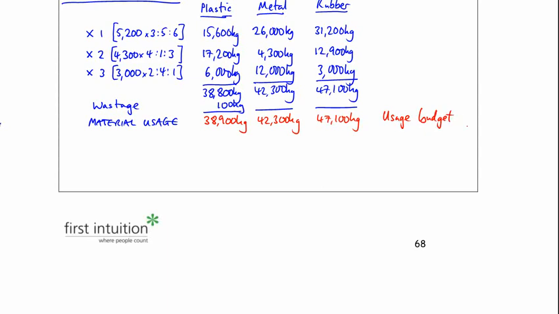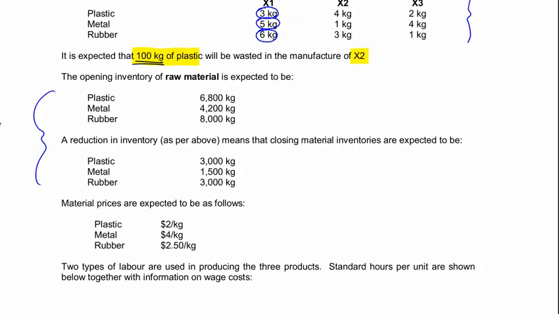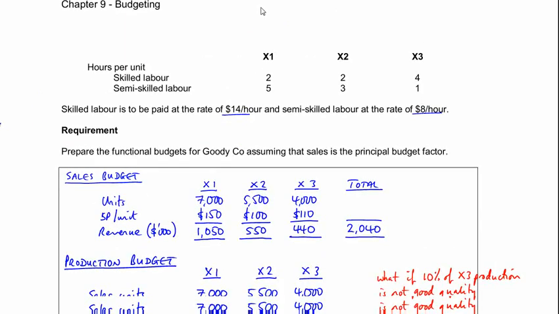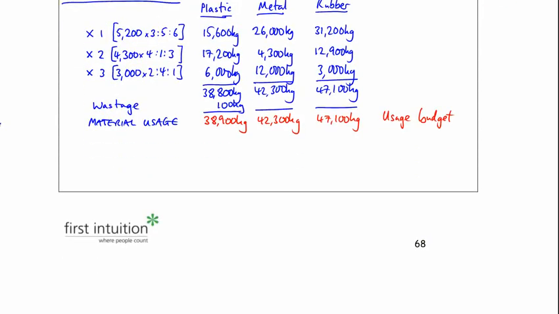But that's not where the budgets to do with materials finish, because we need to also know how much material we need to go out and buy. Because in the question we're told about opening and closing inventory of raw material. So we know we start the period with 6,800 kilograms of plastic, and we only want to end it with 3,000 kilograms of plastic. So we do a similar sort of working to what we did with the finished goods opening and closing inventory. If you remember that from a few minutes ago, we added on the closing inventory and we deducted the opening inventory. We've got to do exactly the same thing here now.